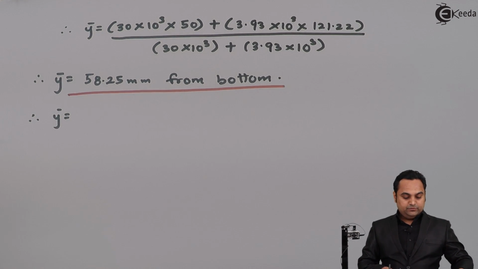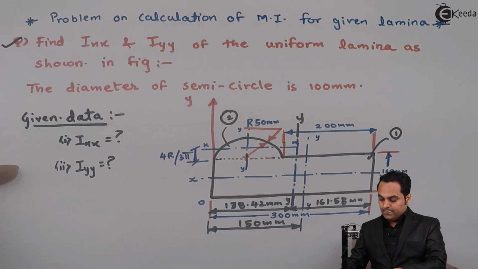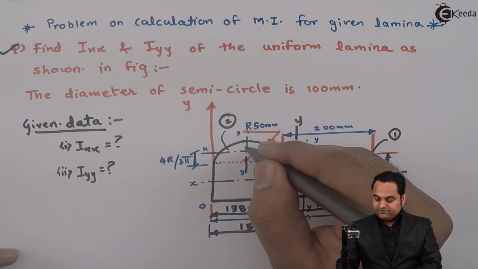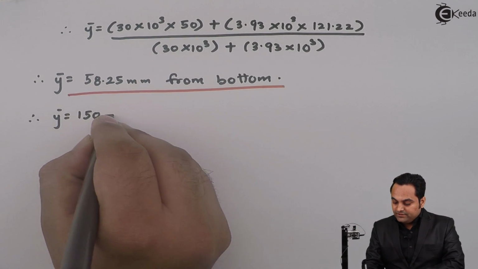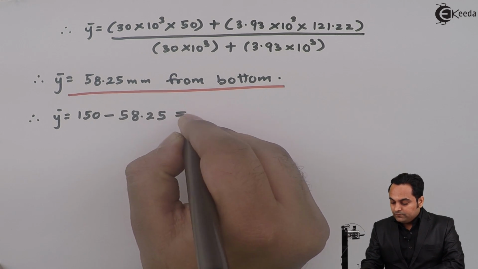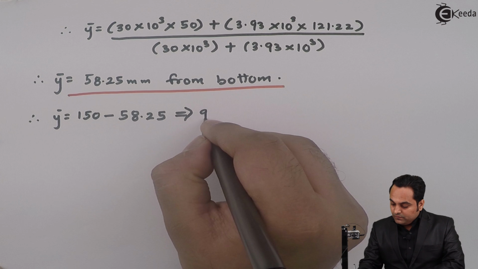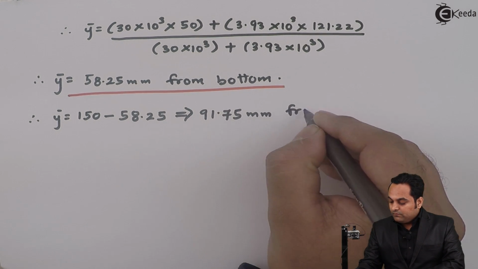So for that, from the total height of the figure, which is 100 plus 50, that is 150, minus 58.25, that gives me 91.75 mm from top.